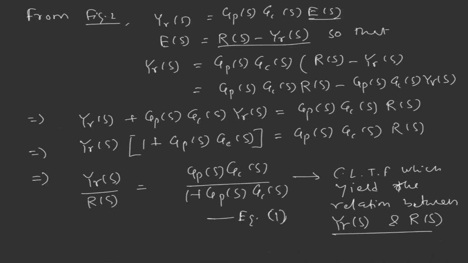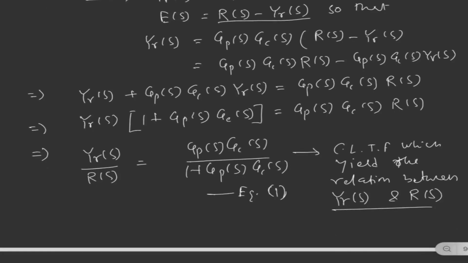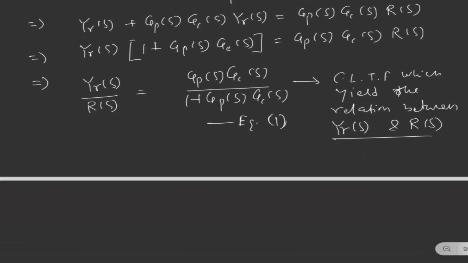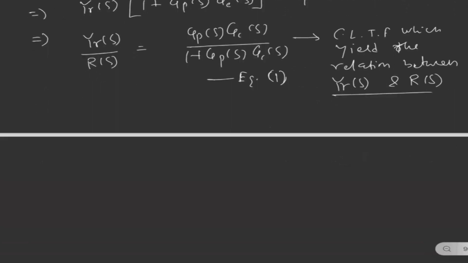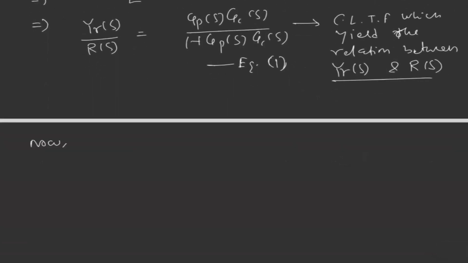Now we will go to the second transfer function, which is with respect to disturbance, the effect of disturbance on output. So now let Y_D(s) be the response to the disturbance M_D(s).